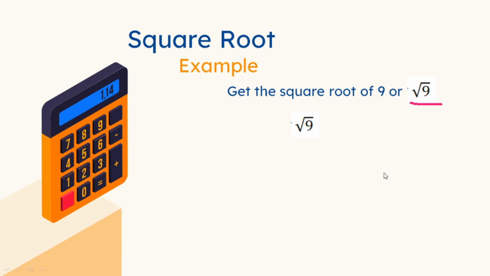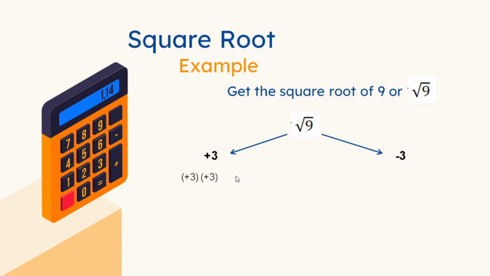Yung mga bata, alam natin na kapag tinanong tayo ng square root, alam lang natin ang sagot ay positive 3. Correct? Without knowing na square root of 9, isang sagot din ay negative 3. Meaning to say, square root of 9 is equal to, ang sagot ay pwedeng positive 3 at pwedeng negative 3.